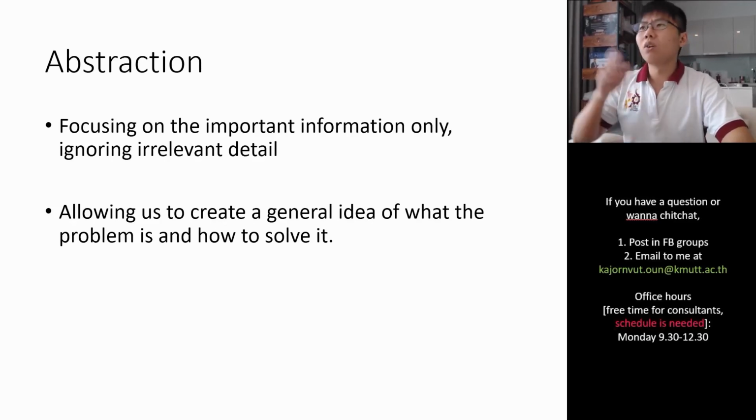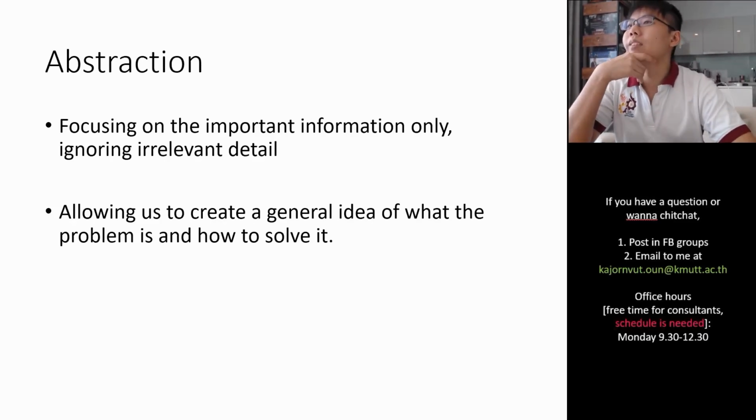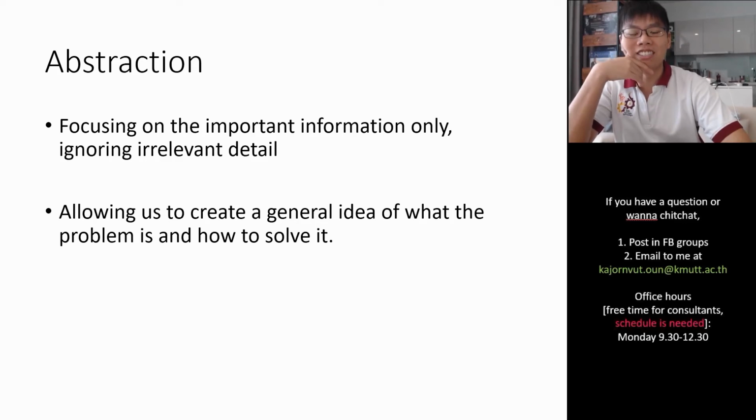For abstraction, this word is going to be difficult to understand, to be honest. It's easier for people in art, like students in multimedia, or anyone who has worked in the artistic world for a while, to understand it.